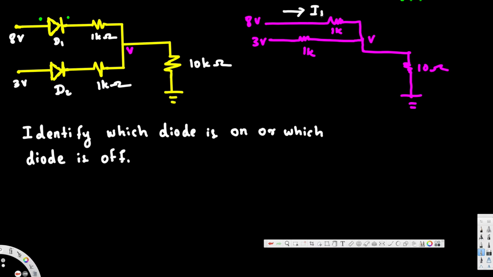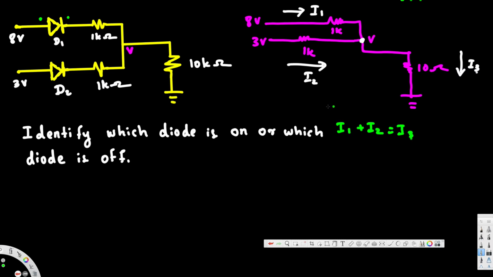Let's call this one I1, this one I2, and this one I3. Here we can apply KCL at this node. The current entering this node is equal to the current exiting the node, so I1 plus I2 should be equal to I3.